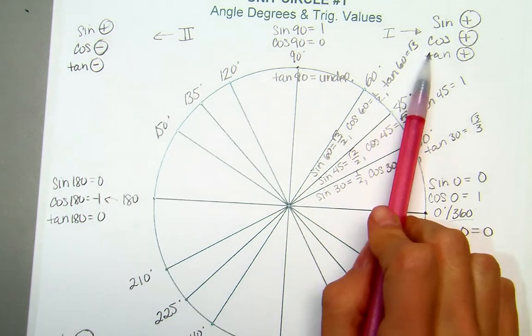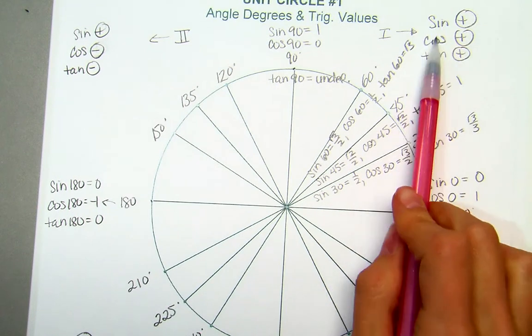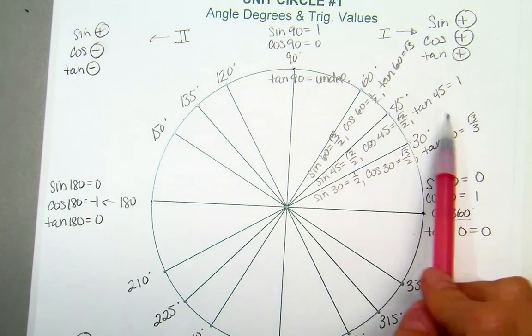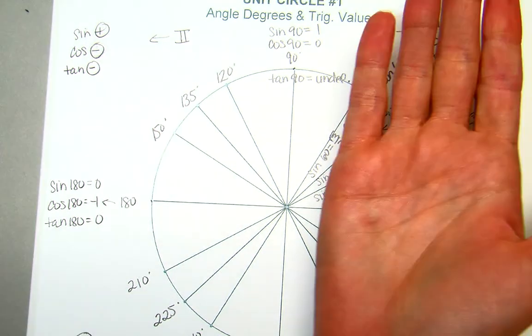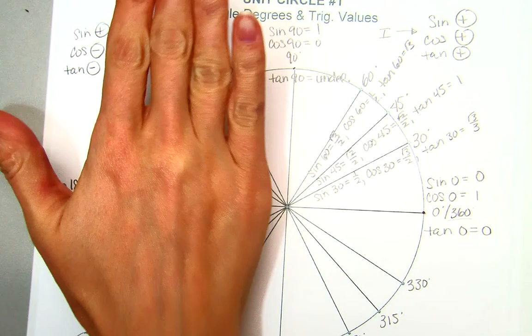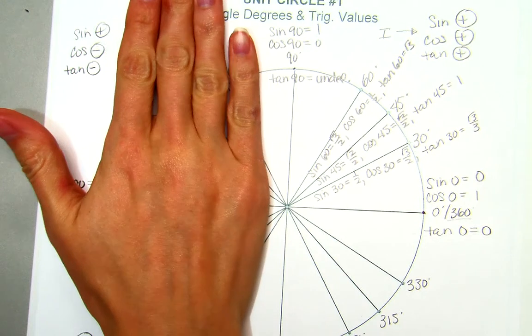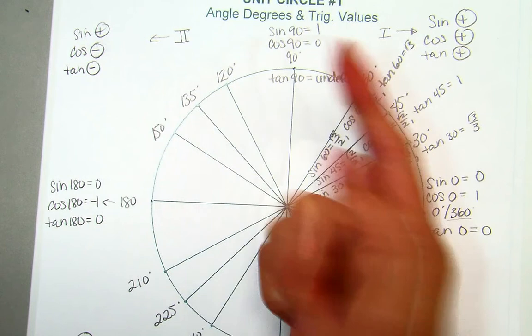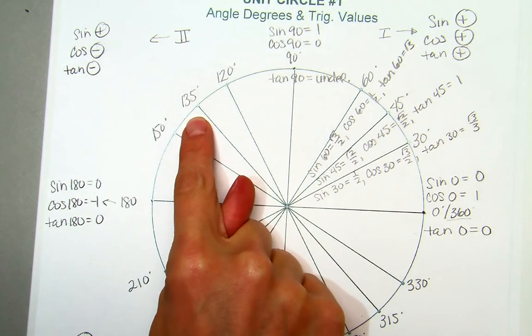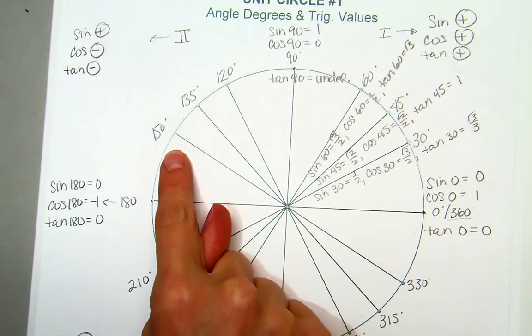Because we're in quadrant 1, sine, cosine, and tangent are all positive. But now if we move to quadrant 2, if we take quadrant 1 and we flip it over on top of quadrant 2, what you're going to notice is that 60 is going to lay on 120, 45 is going to lay on 135, and 30 is going to lay on 150.